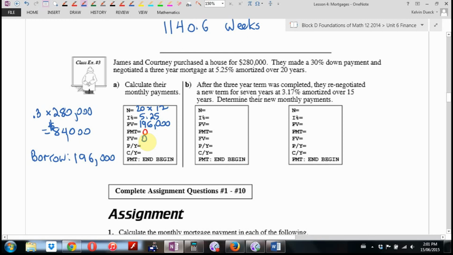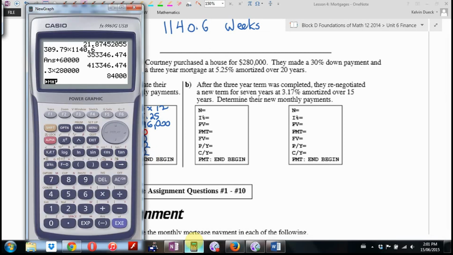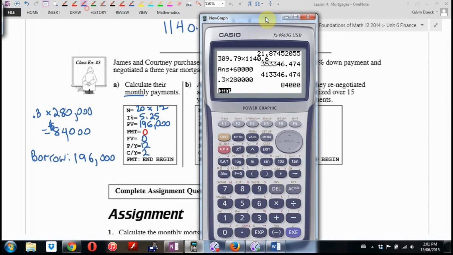Payments per year, monthly, 12. And what did we say? These loans compound per year. What's the Canadian law? 2. Let's assume they're paying at the end of each month. So, let me get into my TVM solver here.